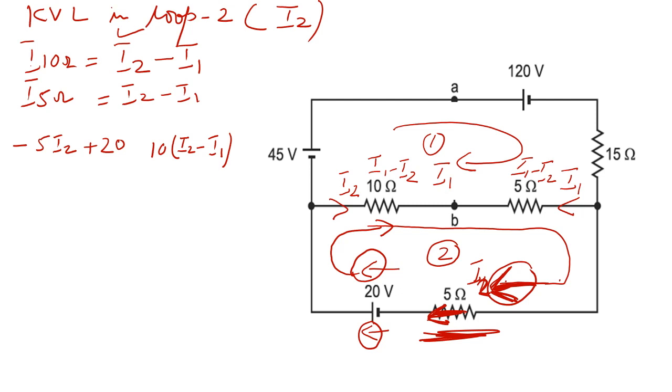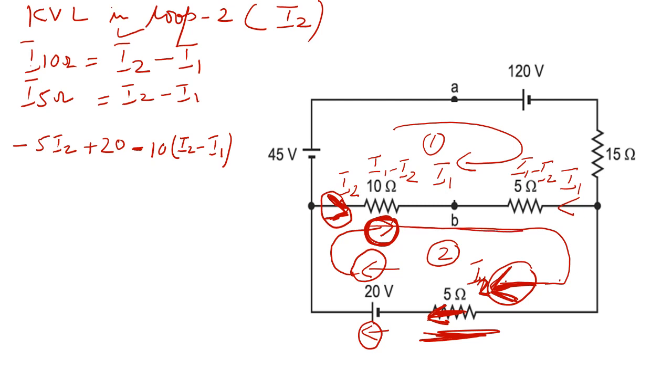What you have to see is the direction of the loop and the direction of the loop current. The direction of loop current is this. So here this and this, they are the same. So it means the minus sign will come here.